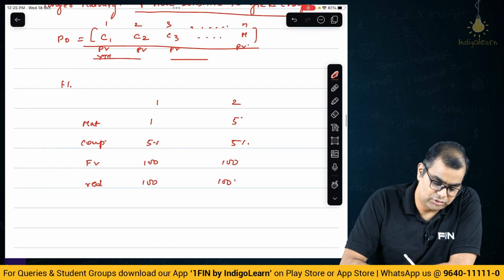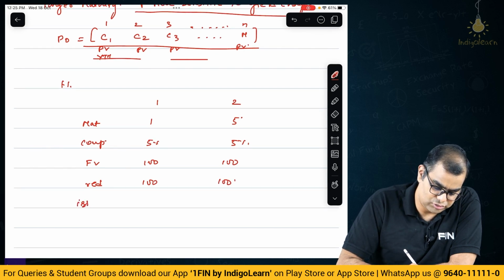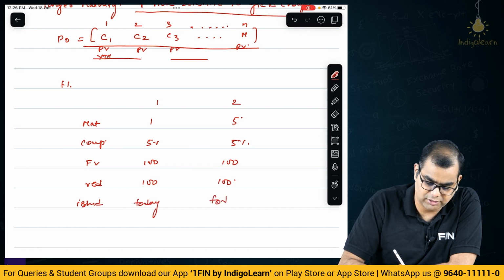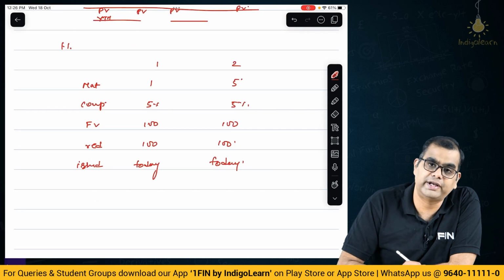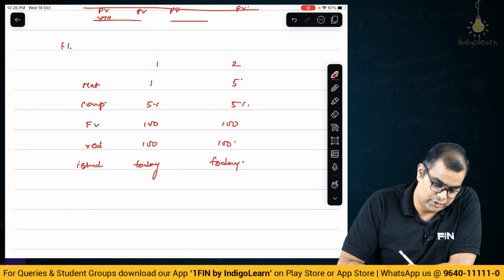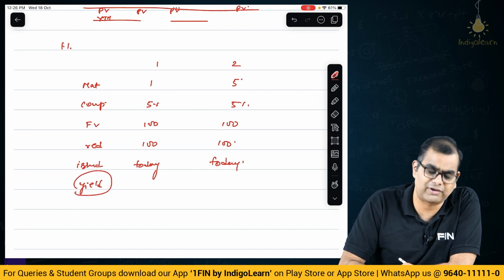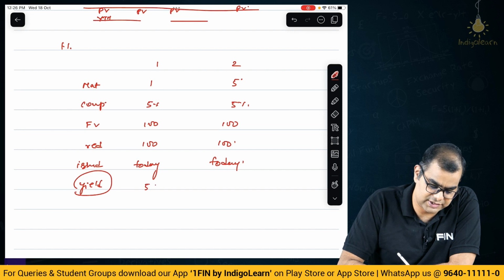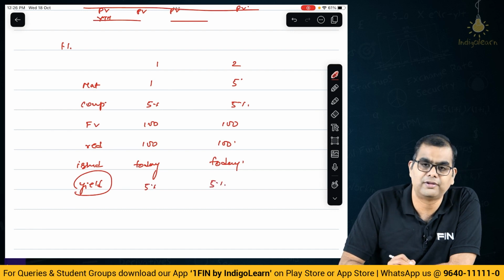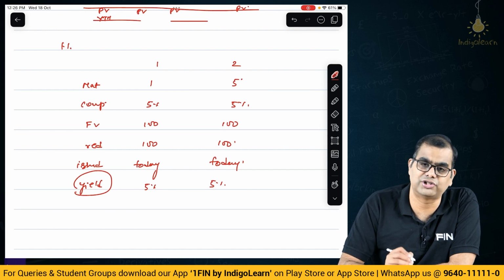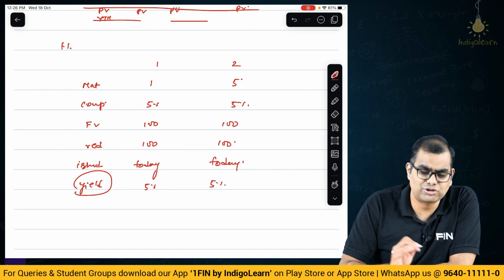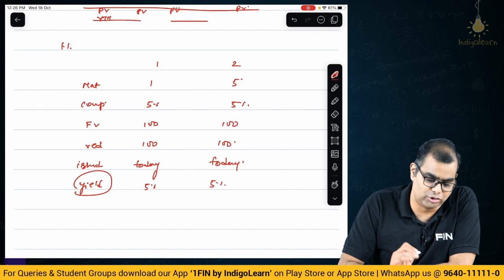Issued today, on day 0. Now, for argument's sake, the current market interest rate for 1 year as well as for 5 years, let us say is 5%. Typically, for longer duration you will have a higher interest rate, and for shorter duration a lower interest rate. Assume for argument's sake it is 5% in both cases.